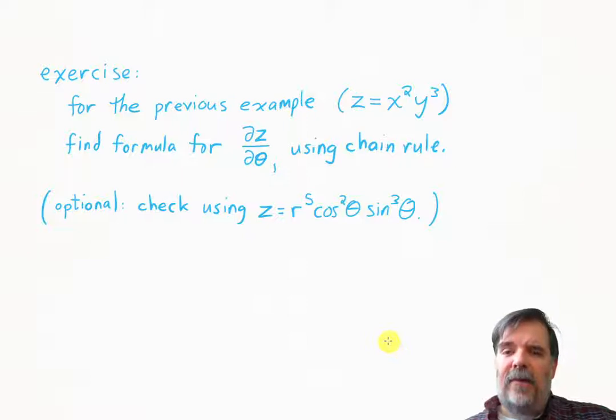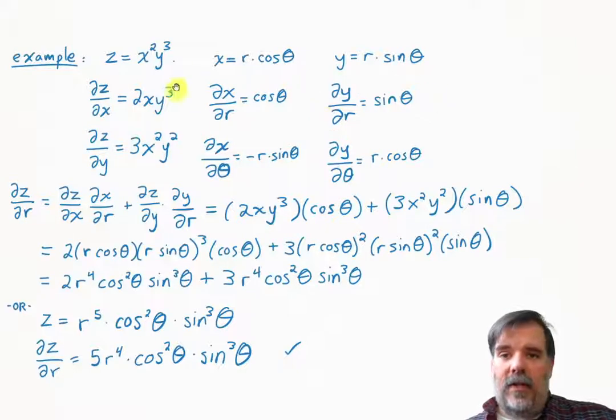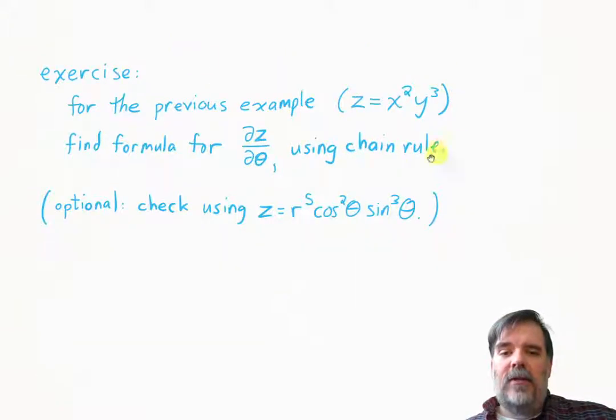You learn math by doing math, so here's an exercise for you to try out. For the previous example, the one on this slide right here, this function z equals x squared y cubed, write down the chain rule formula for dz d theta, and then find the formula. Right? Plug in the partial derivatives as needed.